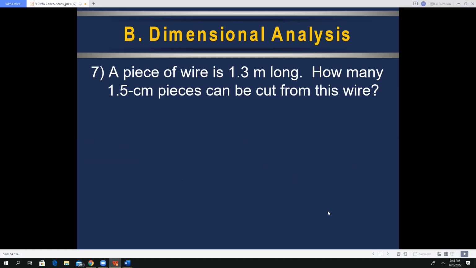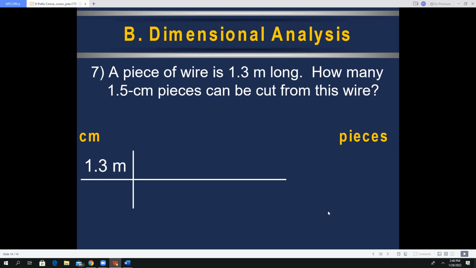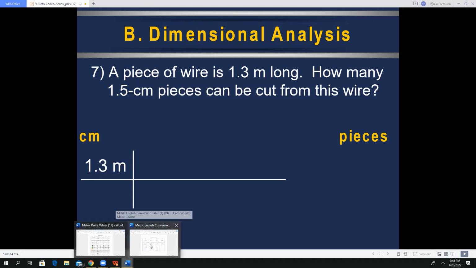Because you can't have part of a piece and call it a 1.5 centimeter piece. So this is how we're doing it. Okay, so we got 1.3 meters. We're going to change meters to centimeters. Okay, so to do that, we're going to go here.